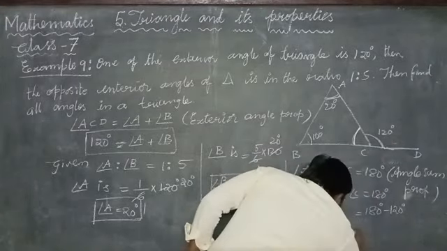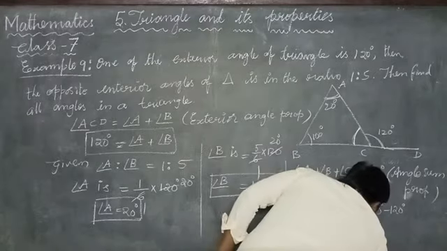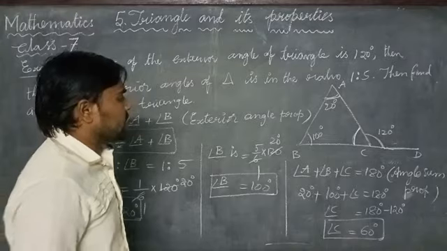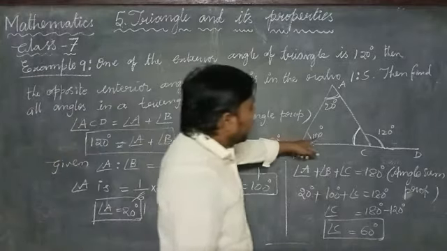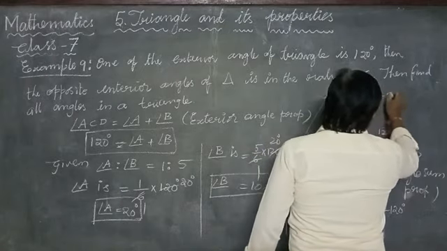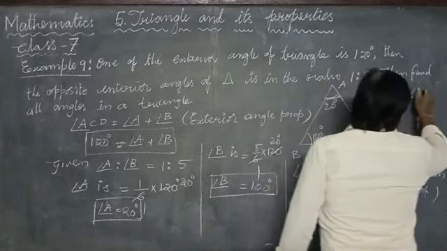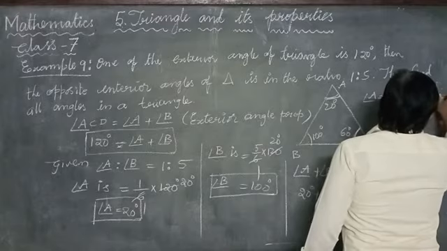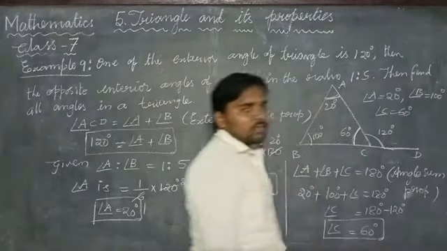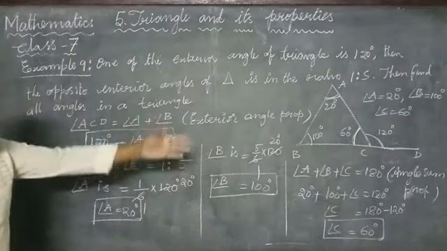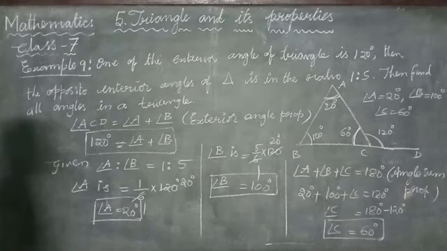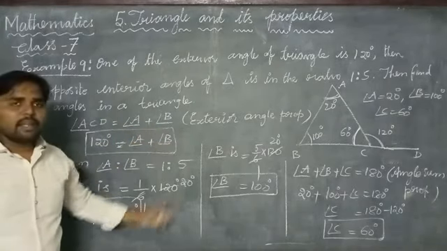Then angle C equals 60 degrees. Okay, the interior angles of a triangle are angle A equals 20 degrees, angle B equals 100 degrees, and angle C equals 60 degrees. In this way we can find all the interior angles of a triangle by using the exterior angle property of a triangle.